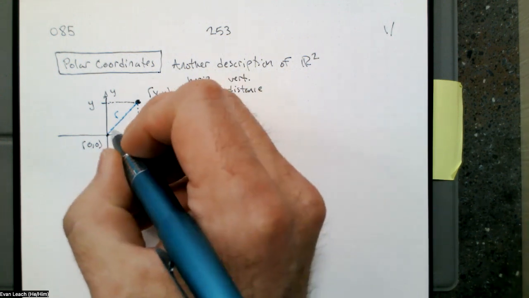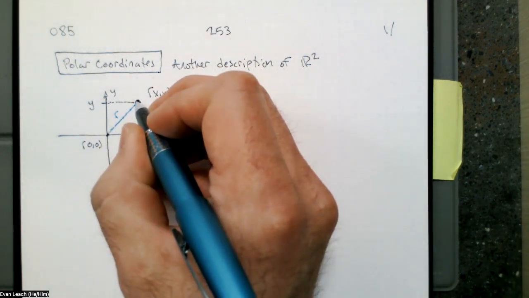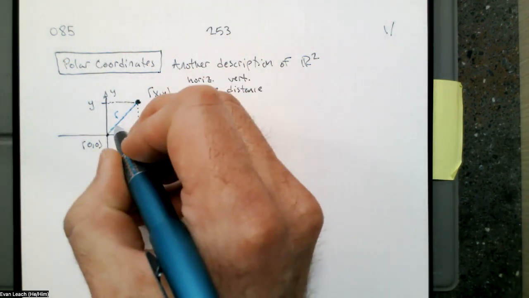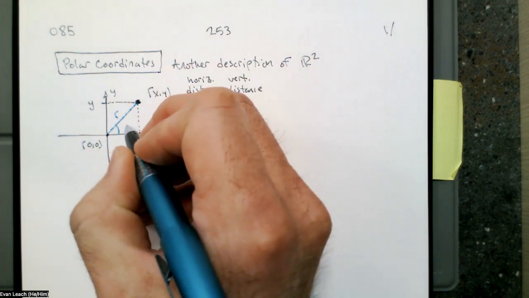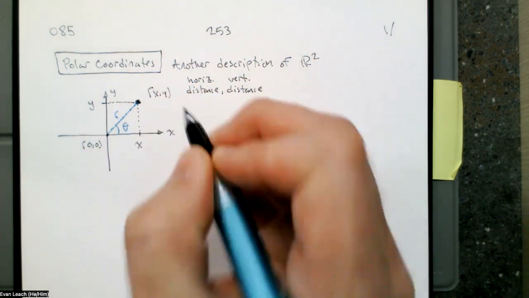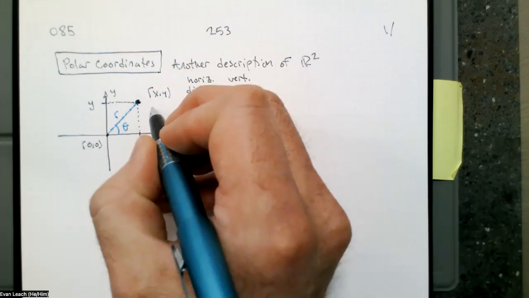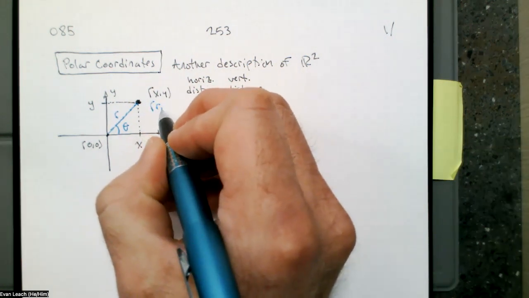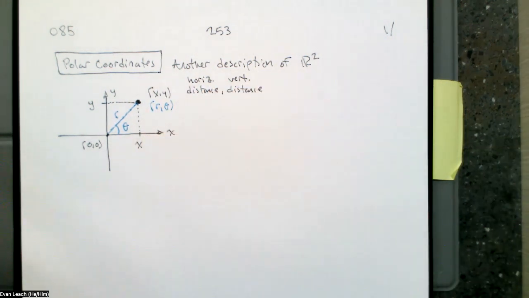So we describe this point with one distance and an angle, a direction. So we might say this point has coordinates r, theta. It's r units from the origin through an angle of theta degrees. Now we have to have a 0 angle, and that's going to be at the positive x-axis.